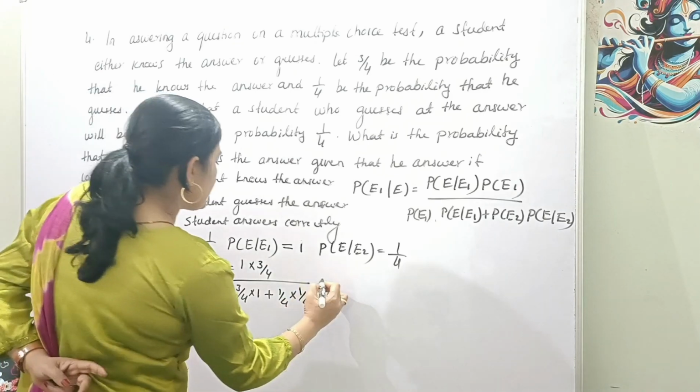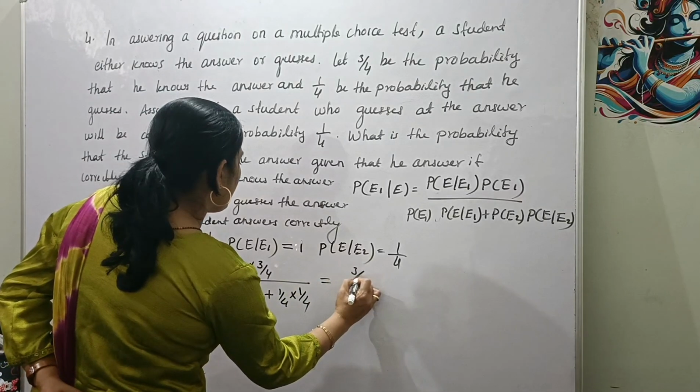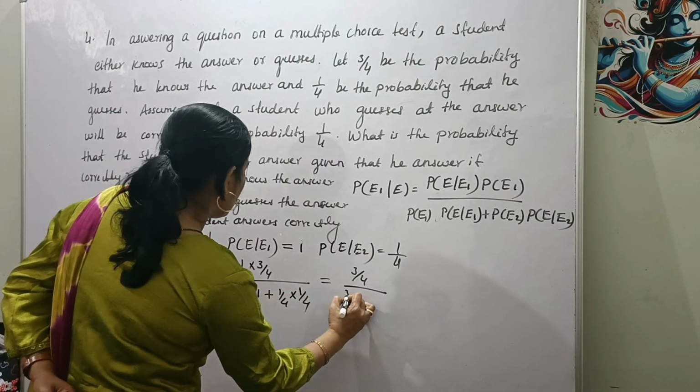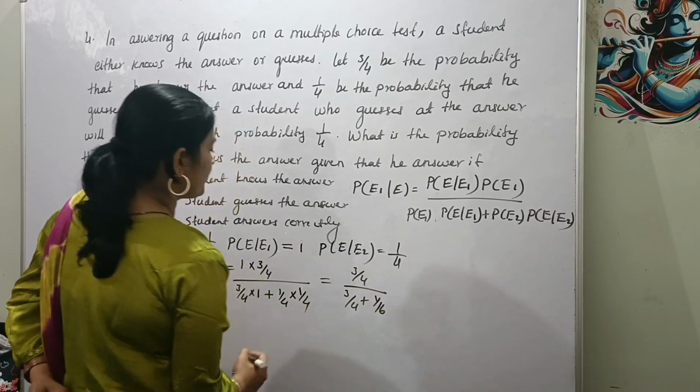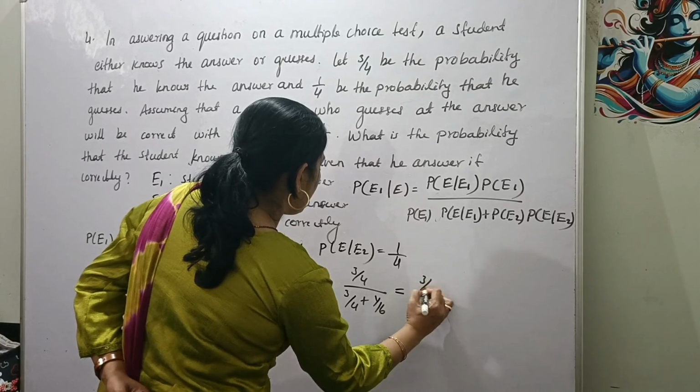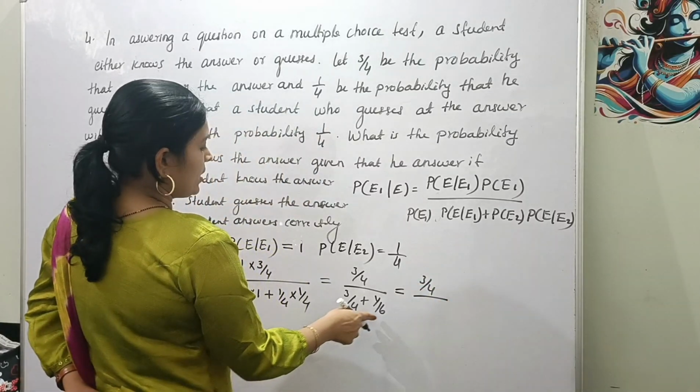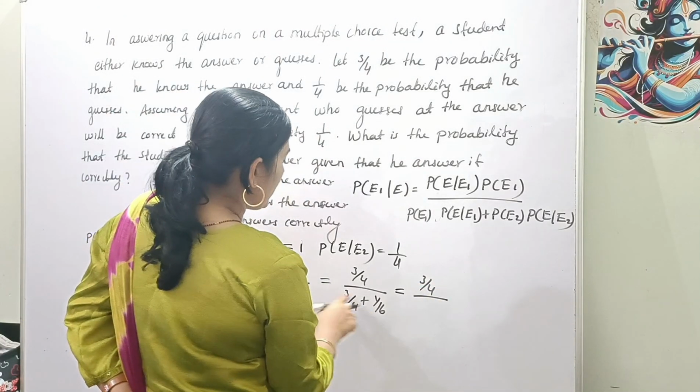That is equal to 3 by 4 divided by 3 by 4 plus 1 by 16.